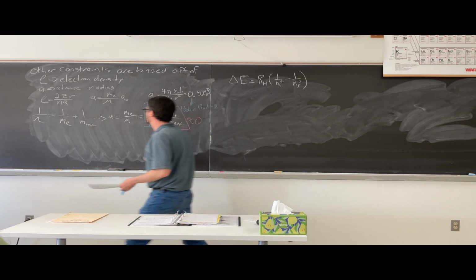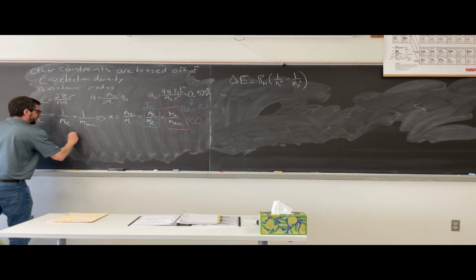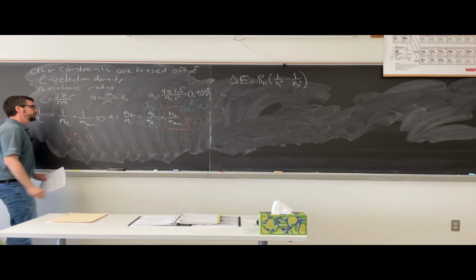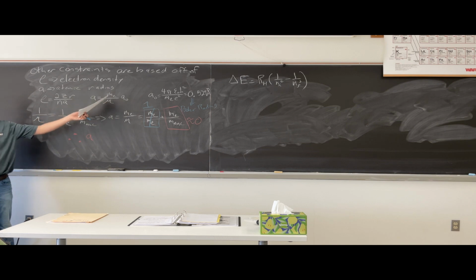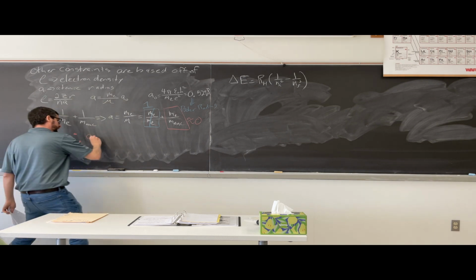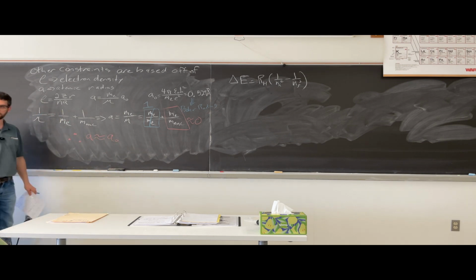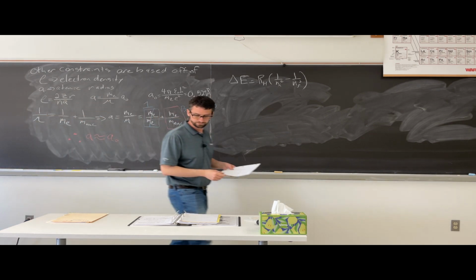So therefore, in most of the cases we will see, do we have to plug in junk for this? What's it approximately equal to? Yep. It's approximately equal to the Bohr radius, at least for a hydrogen atom.